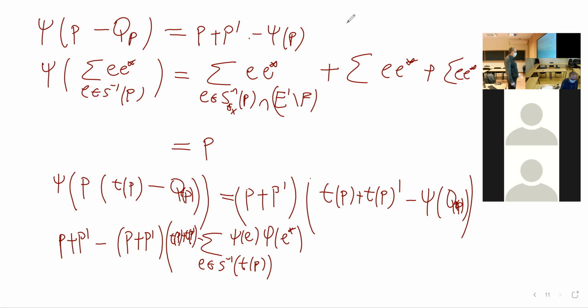Minus this mess, but you can see that this cancels out. Because PP prime and TP prime is simply P plus P prime, but with the minus sign. So this one cancels with that one. Okay, so we are just left with P plus P prime times this sum.